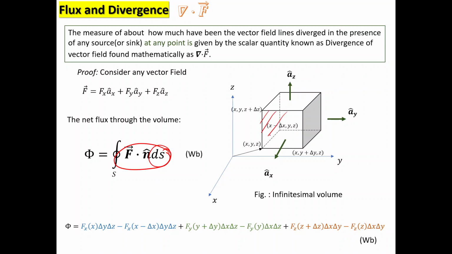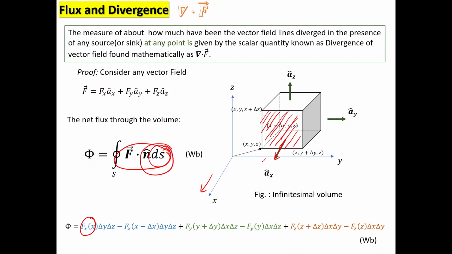Let us consider first the face that is towards the x direction. The total flux passing through this face will be the component of the vector field along the x direction multiplied by the area.